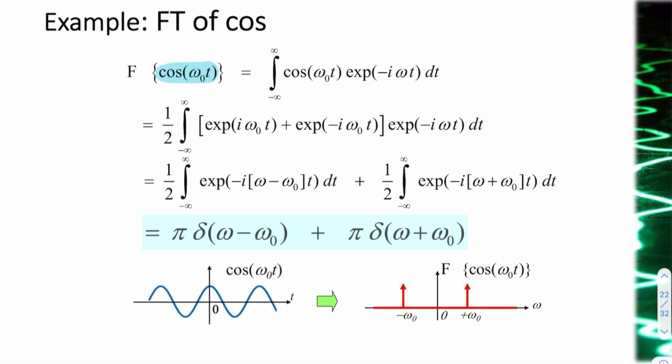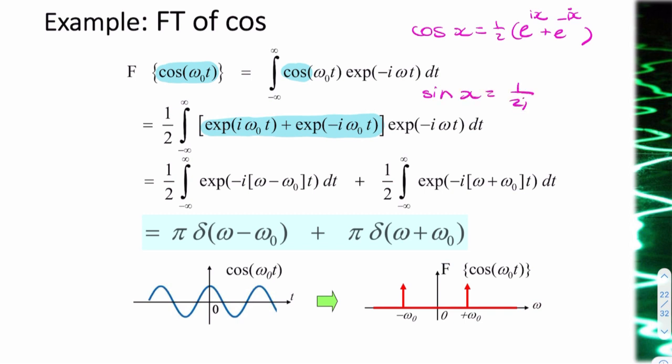So if you replace the cosine with the Euler definition of cosine, remember cosine x is simply half e to the ix plus e to the minus ix, and sine x is 1 over 2i, e to the ix minus e to the minus ix.